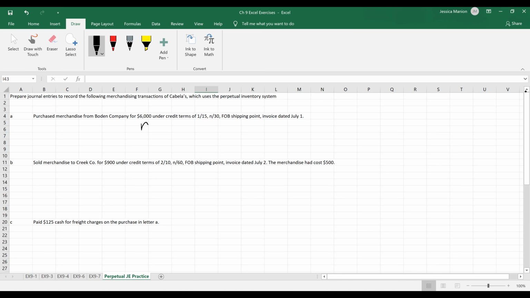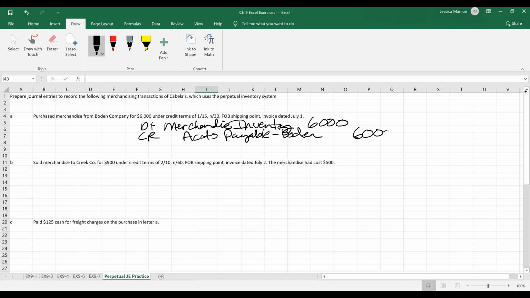So this is debit merchandise inventory, $6,000, credit accounts payable, for this company we now owe $6,000.